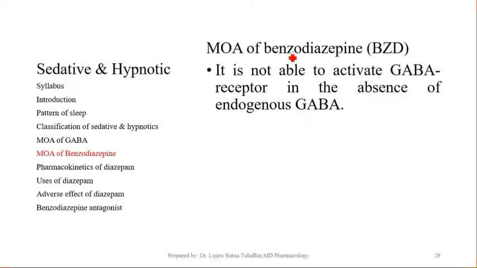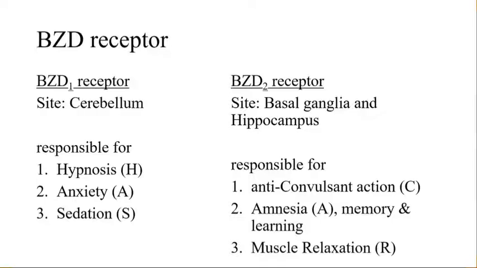Giving barbiturate at a very high dose will mimic GABA, which means in the absence of GABA also, the GABA receptors can be stimulated and hyperpolarization can be established. But with benzodiazepines, it is not so. Giving a very high dose of benzodiazepine cannot stimulate the GABA receptors, making benzodiazepines far safer than barbiturates. Now, there are two types of benzodiazepine receptor.